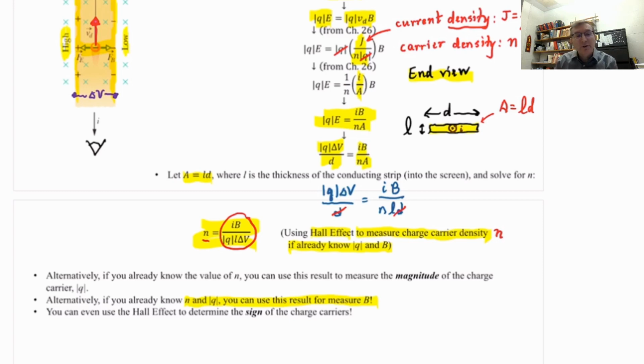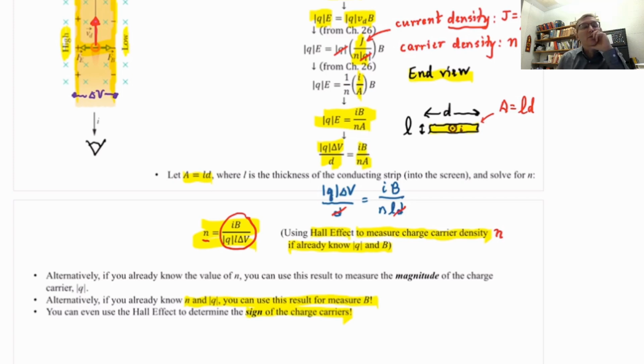And I want to show you one more thing you can get out of this. You can use the Hall effect to determine the sign of the charge carriers in the conductor. Remember I've said, and this is true in copper, that in most simple metals, the free charges, the charge carriers, are simply electrons, often called conduction electrons.